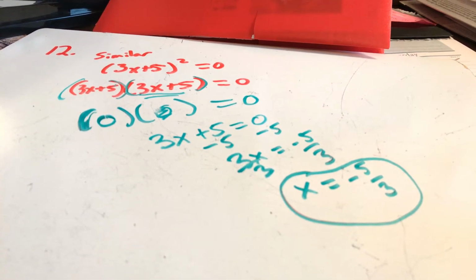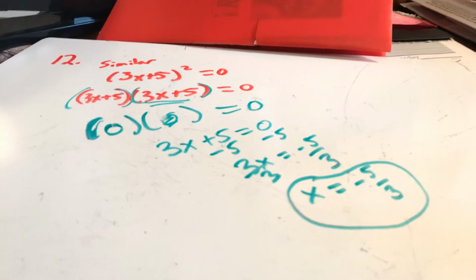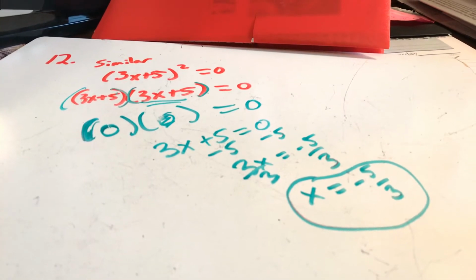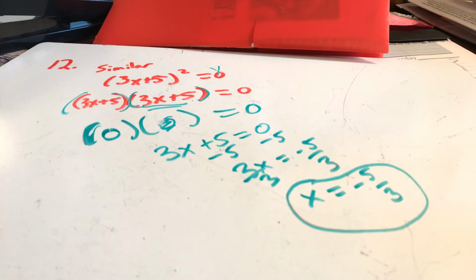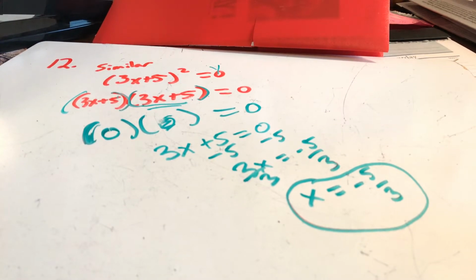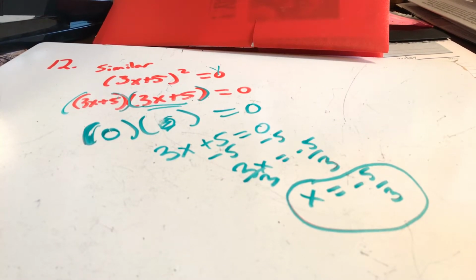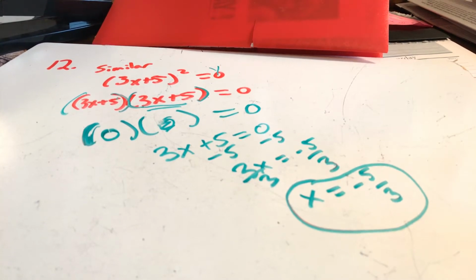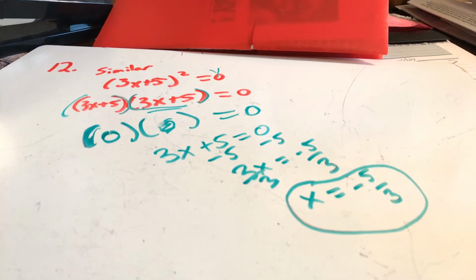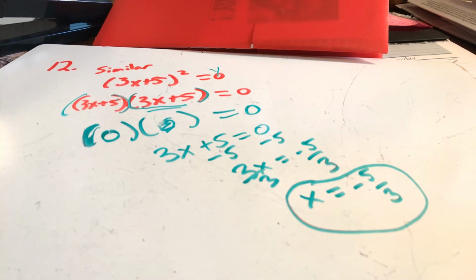You are finding x-intercepts. You're finding roots. You're doing the same thing you were doing in Chapter 9, because this is usually a y, and when you change that y value to 0, you're finding an x-intercept. So that's similar to number 12. If you want to pause it there, look at it, breathe, etc. It's not number 12, but it's a lot like it. Your answer would just be x equals negative 5/3 on that problem.